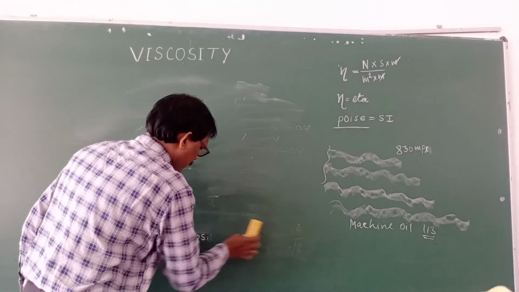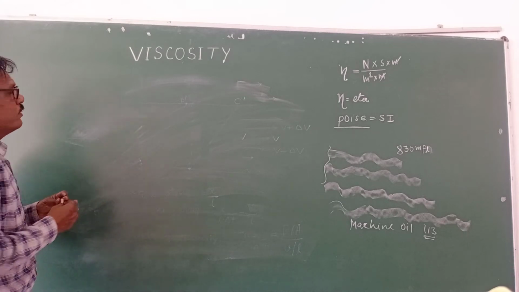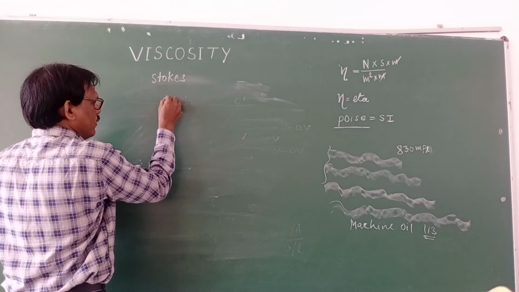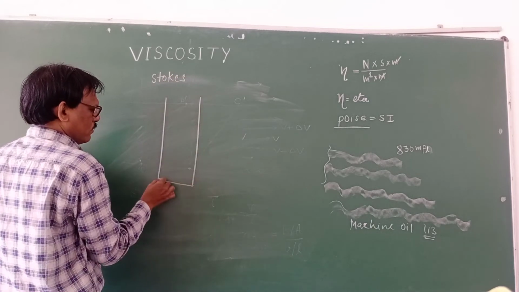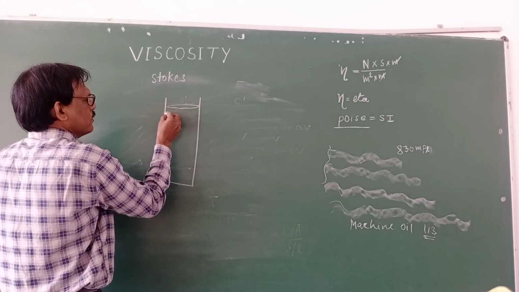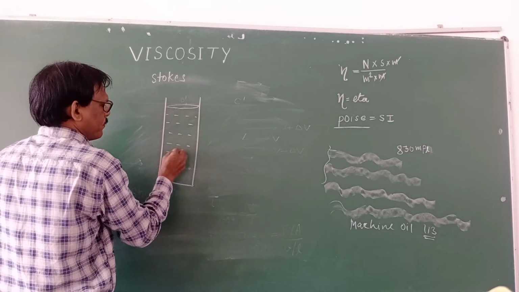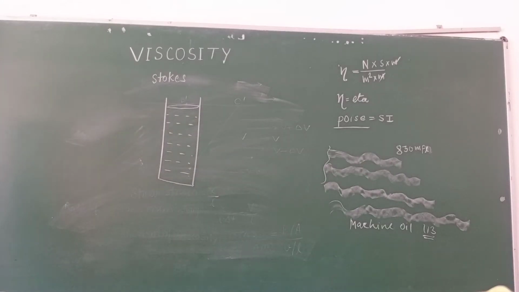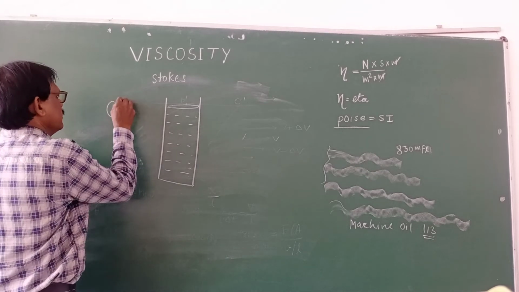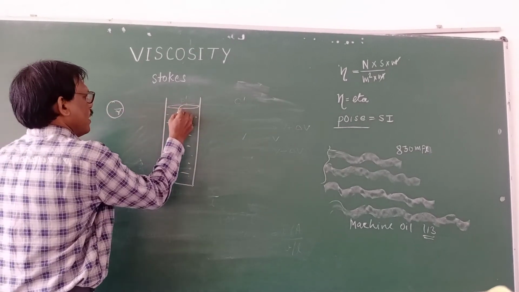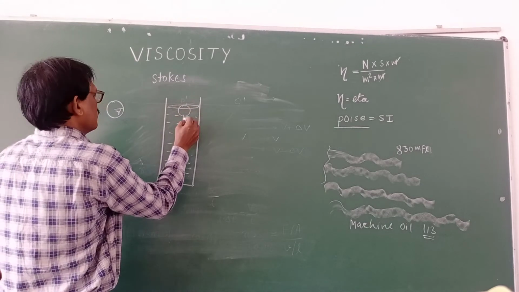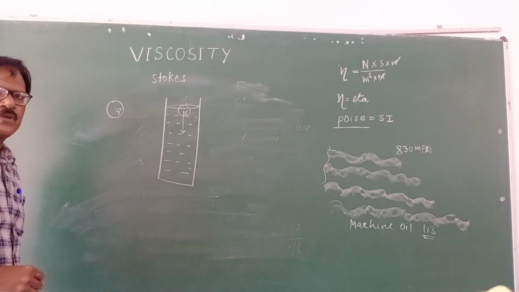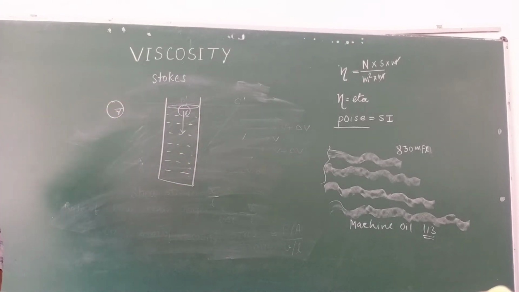According to Stokes law, this is a cylindrical pipe which is closed from one end, and a spherical steel ball of radius r is allowed to fall in it. So when a steel ball of radius r is falling here, what will happen?